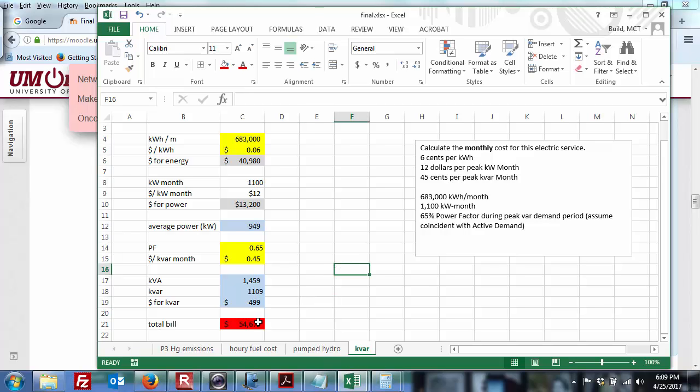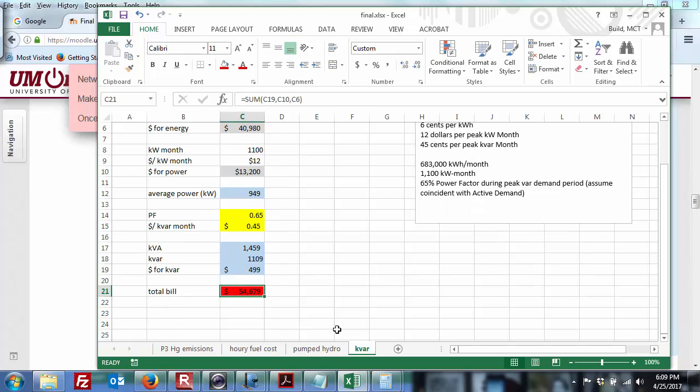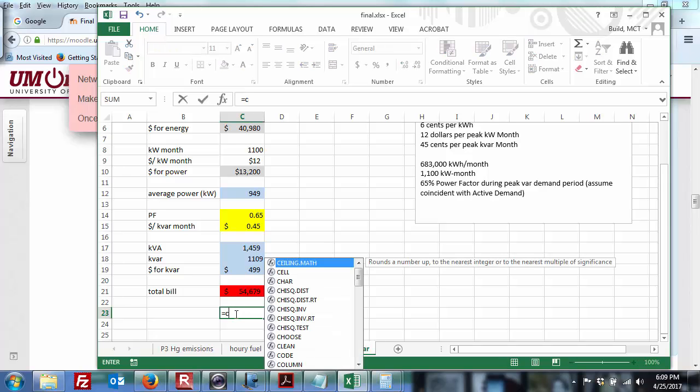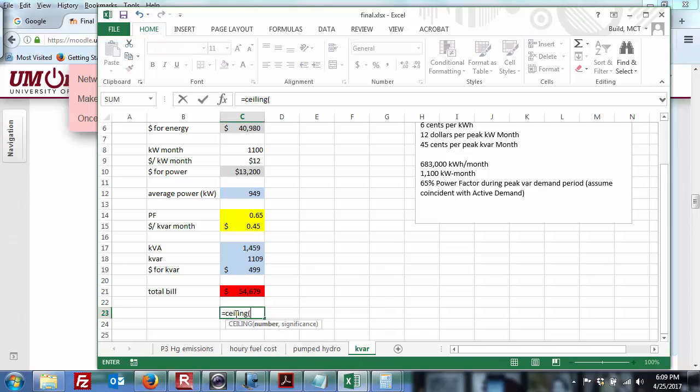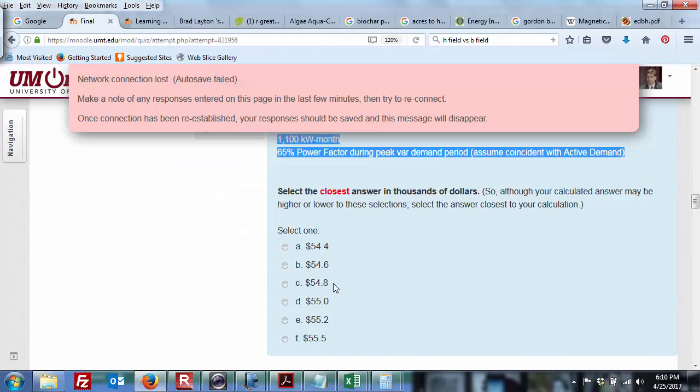So 54.6, and I'm going to do this, equals ceiling of that divided by 1,000, comma, point, significance, 0.1. 54.7, let's see if we got that, 50.87, so closer to 6 or to 7.